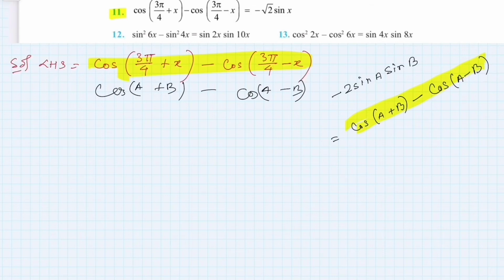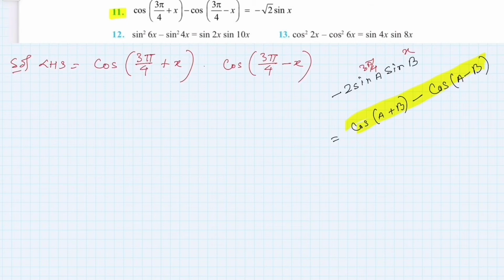So you can consider a as 3 pi by 4 and b as x. So the result is going to be minus 2 sine 3 pi by 4 sine x. Okay, so just apply this identity, it's very simple.